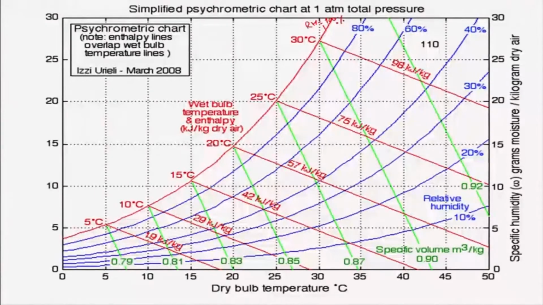These green lines are basically the specific volume, and this red line is the enthalpy line, like 98 kilojoule per kg, 75 kilojoule per kg. And these temperatures, 5 degrees Celsius, 10 degrees Celsius, 50 degrees Celsius, are basically the wet bulb temperatures, right? This looks very clean and clear, but I will tell you the actual diagram is quite complex. I will show you that.